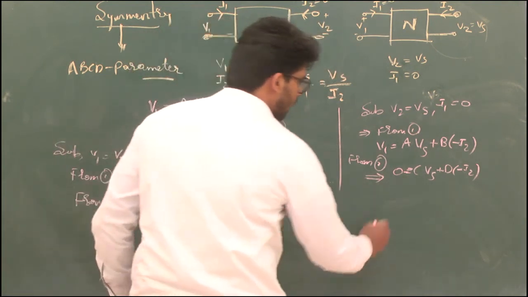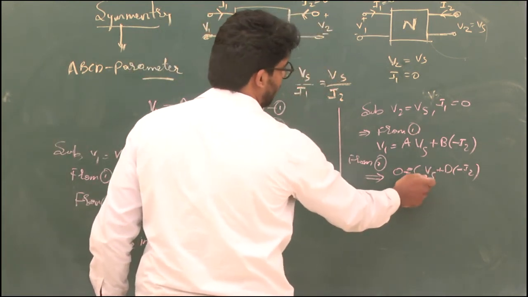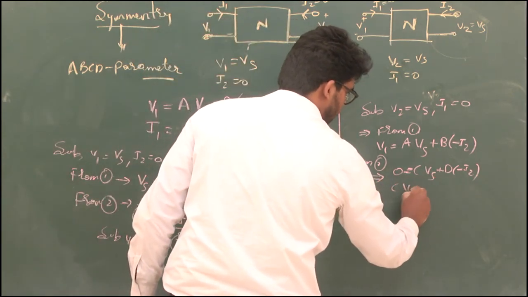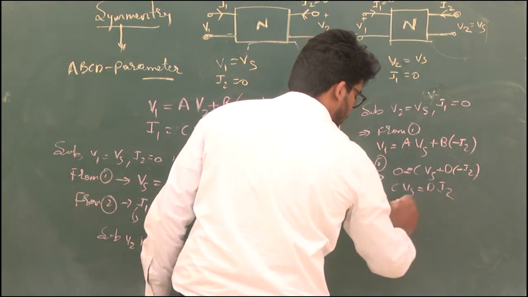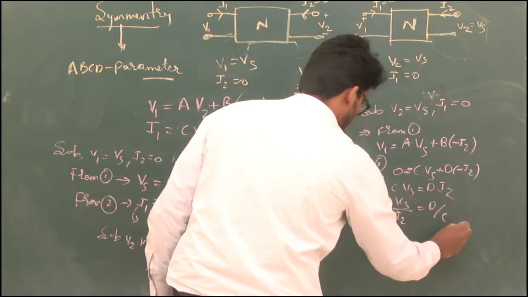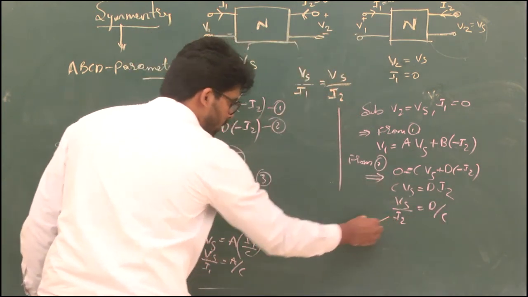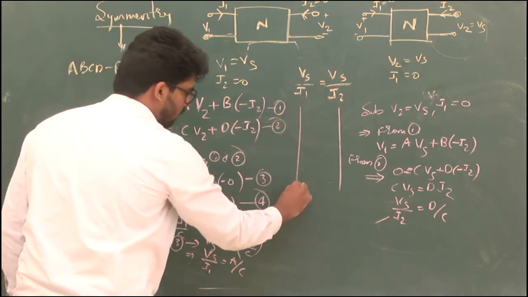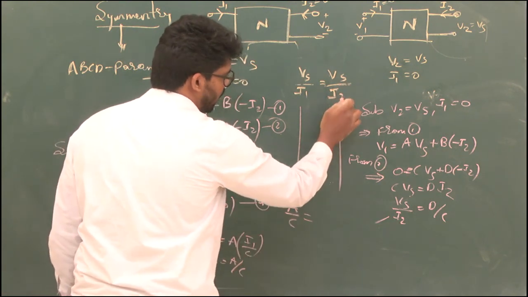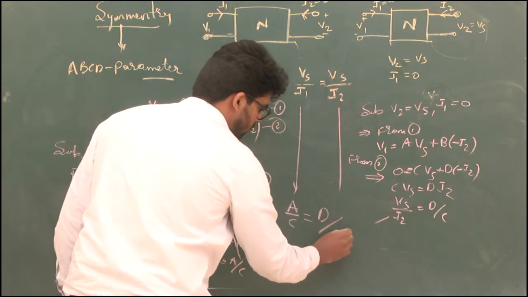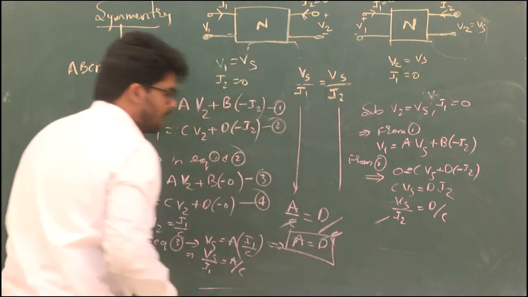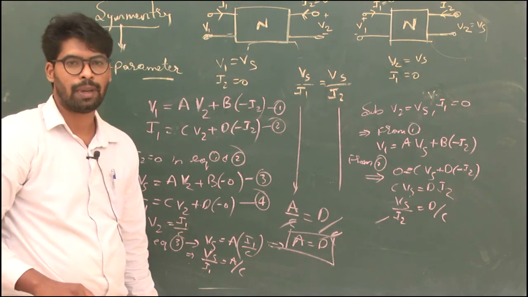Now we need Vs by I2. So C Vs equal to D I2, and for Vs by I2 you get D by C. So you got Vs by I1 as A by C, equal to Vs by I2 as D by C. You cancel C, and you get A equal to D. So A equal to D is the symmetry condition of ABCD parameters.